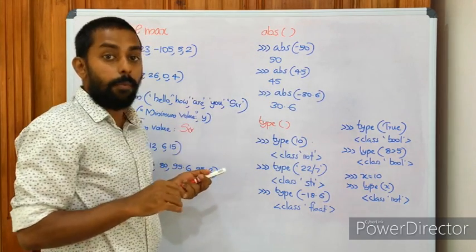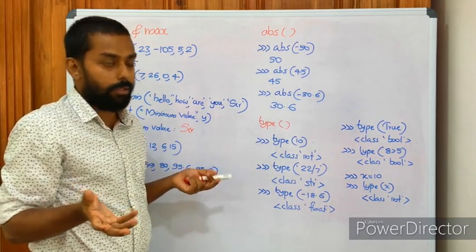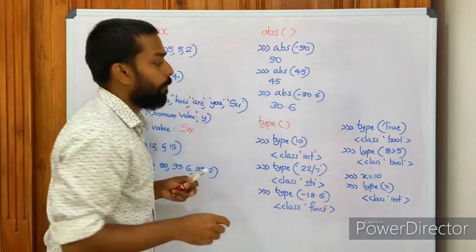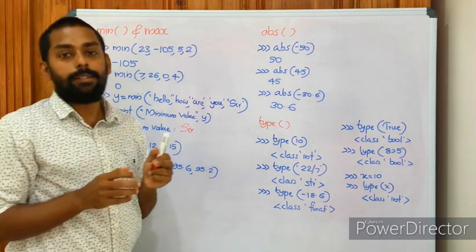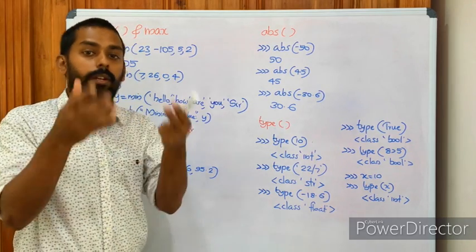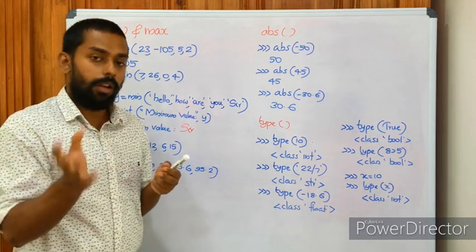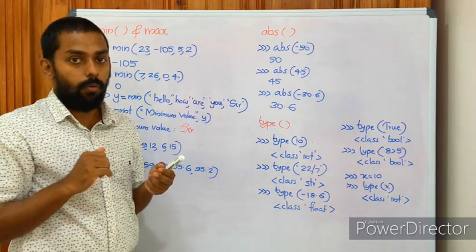It returns the positive value. And ABS of 45 is of course 45. Then ABS of minus 30.6 returns 30.6. So ABS is for absolute. The ABS function returns the absolute value of a single number. It works on a floating point or integer value and returns the positive value.